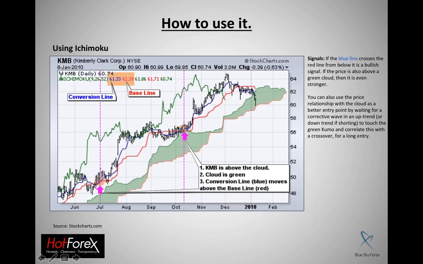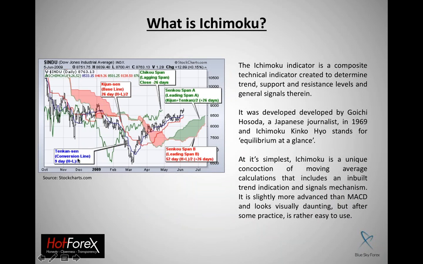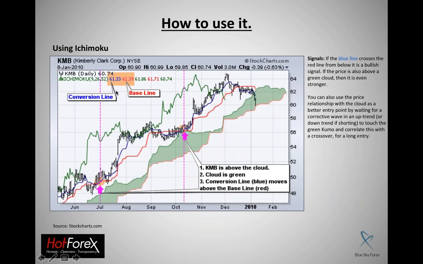So when the price is touching the cloud border and you get this crossover, which I mentioned to you earlier, where the conversion line crosses the baseline from below. Again, just to remind you, conversion line is simply the Tenkan Sen, and the baseline is simply the Kijun Sen, the two moving averages. If you get that moving average crossover correlated with a bounce on the cloud, it's a pretty strong signal. It's a stop and continuation pattern, basically.